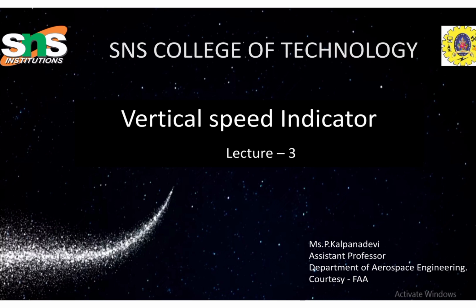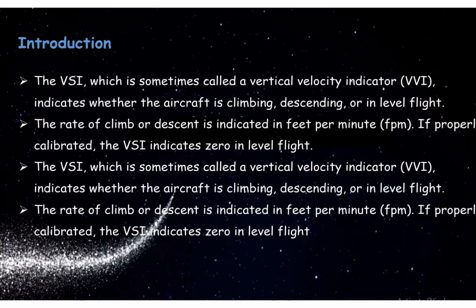The vertical speed indicator, which we used to call VSI, is sometimes called VVI, the vertical velocity indicator. It shows whether the aircraft is climbing, descending, or in level flight. The rate of climb or descent is indicated in feet per minute.